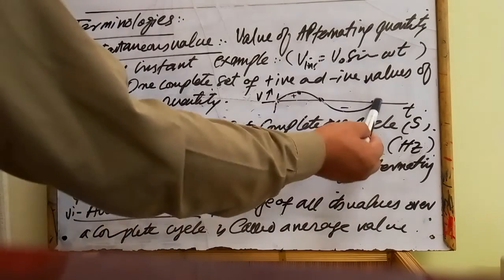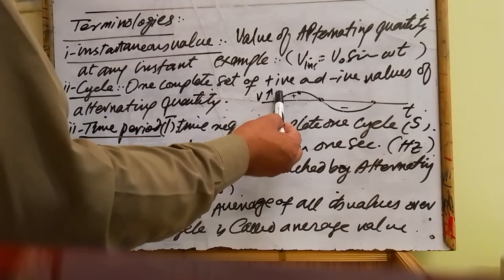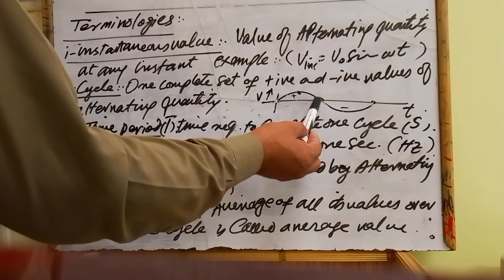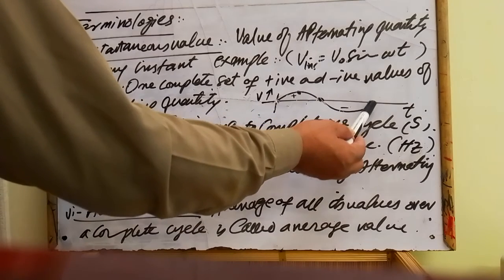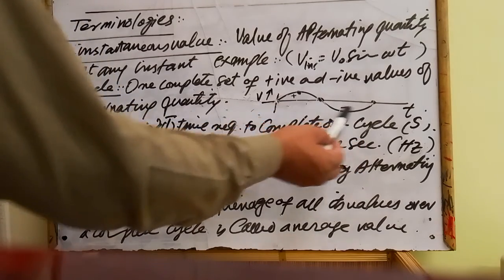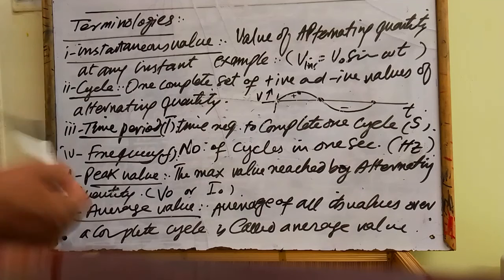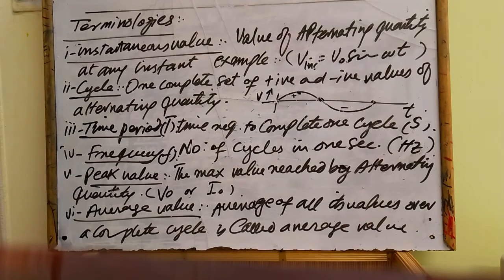Over this complete cycle, if we take the average of the values like 0, plus maximum, 0, minus maximum, and again 0, we find the overall average, the resultant value of the voltage or the current, called the average value. These are a few terminologies which we have already been discussing randomly, and now here is the topic of terminologies.